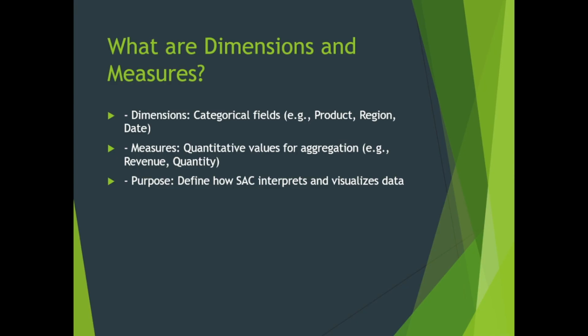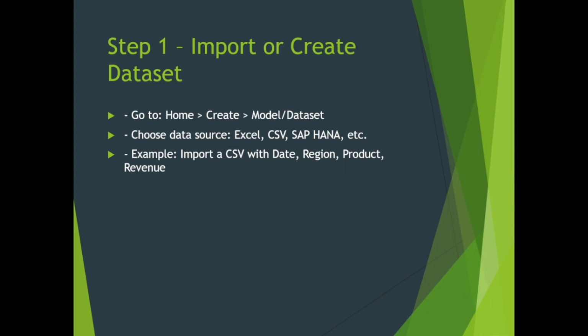So let's begin. Step number 1, we have to first import or create a dataset. For this we will go to the model, and then we will select the data source.